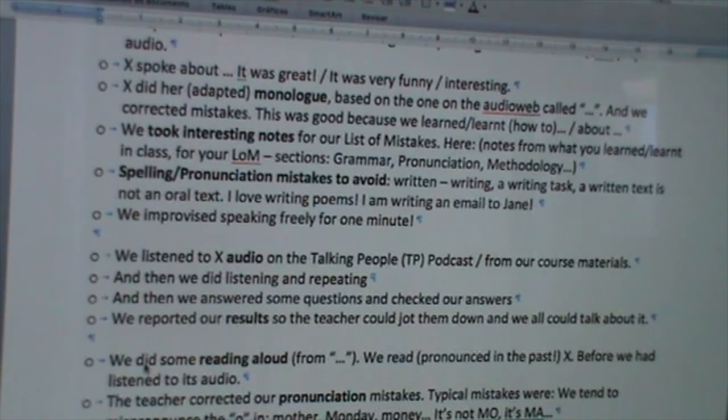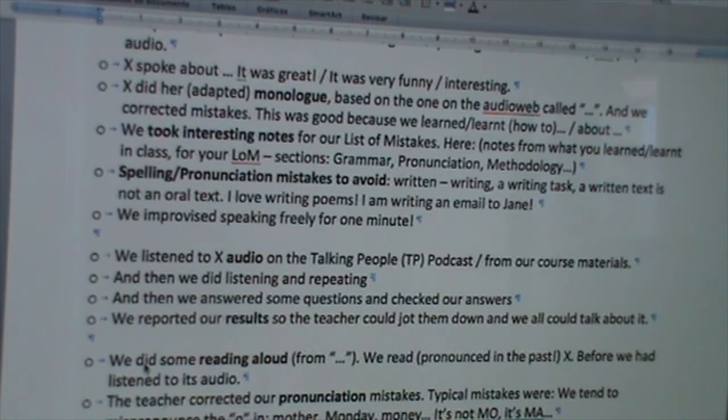We listened to the audio. You can also say we listened to the audio in the hotel or at the hotel, and then we did listening and repeating, the type of activity, okay? L and R. You can also write it L&R.